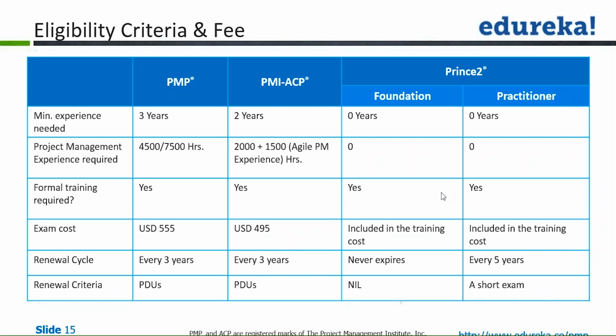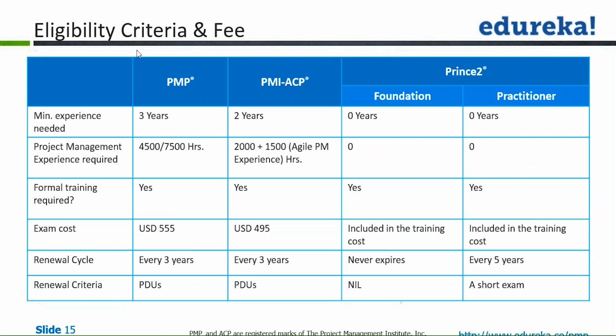Formal training required? Yes, for all the streams and all the credentials, you require formal training. Examination cost for PMP is $555. For PMI-ACP, it is $495. And for Prince2 Foundation and Practitioner, the cost of examination is included in the training cost.